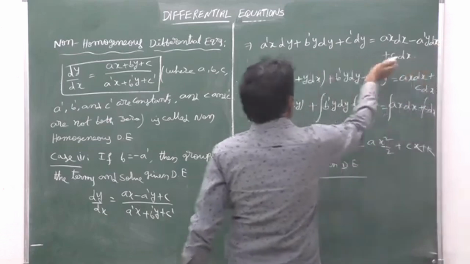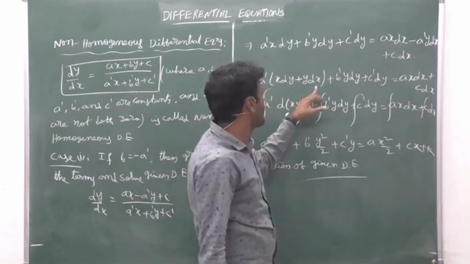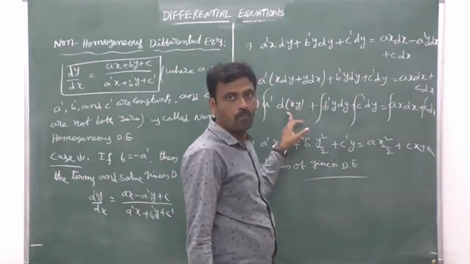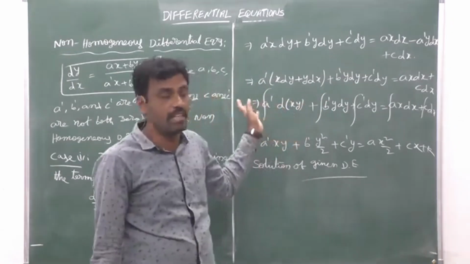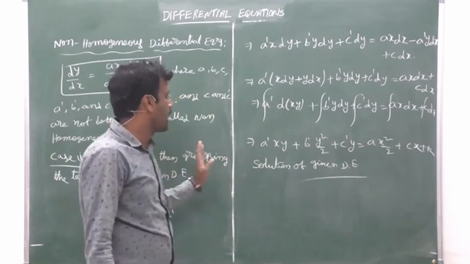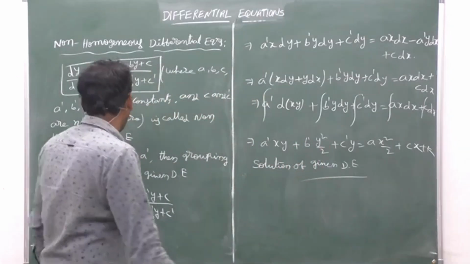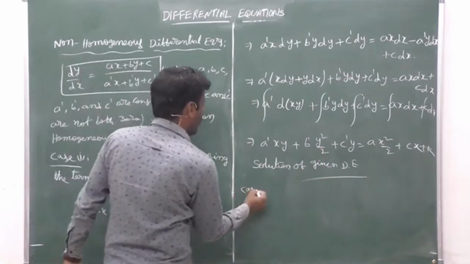Transfer minus a dash y dx to the left side, a dash common out, x dy plus y dx, that means d of xy, by the UV rule, x into dy plus y into dx. Next integrating on both sides, we get the solution of given dE. That is case 1.